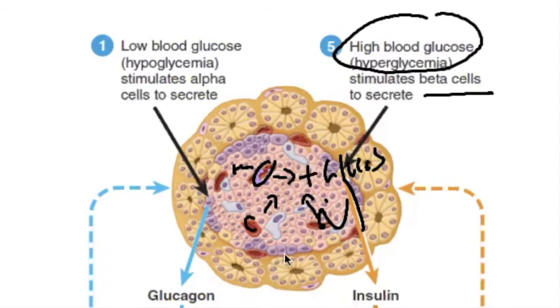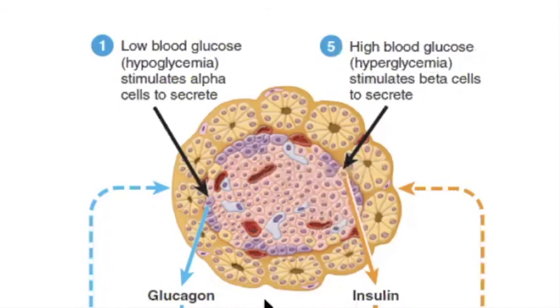So now when the blood flows through here, these cells say, okay, I don't need to secrete any more insulin, and the insulin secretion can stop. At normal blood glucose levels, both of them would be rather silent. You get this negative feedback from blood glucose, which was the original stimulus. If it goes below, hypoglycemia, it's going to stimulate these other type of cells, and we'll have a similar effect.